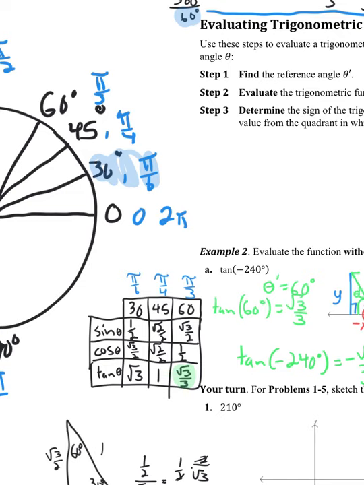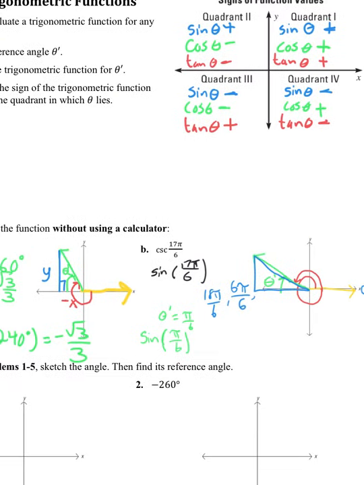So sine of 30 degrees is 1/2, or sine of pi over 6 is 1/2. So it turns out sine of pi over 6 is equal to 1/2, which means a coterminal angle, 17 pi over 6, is also equal to 1/2.